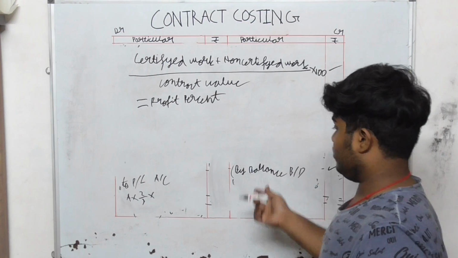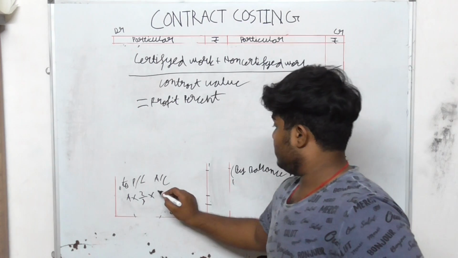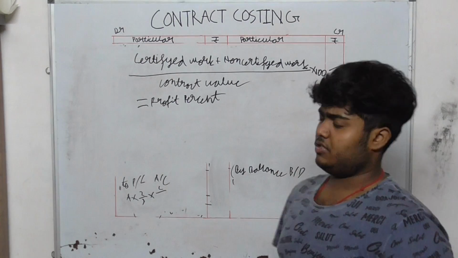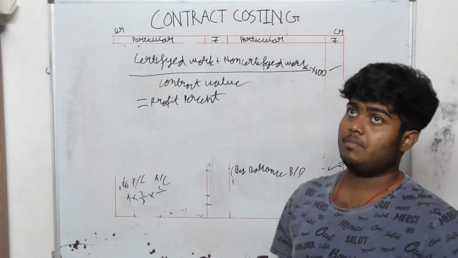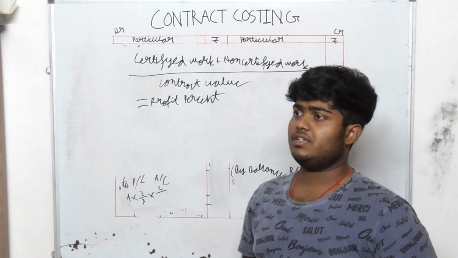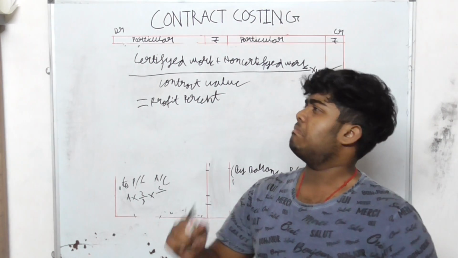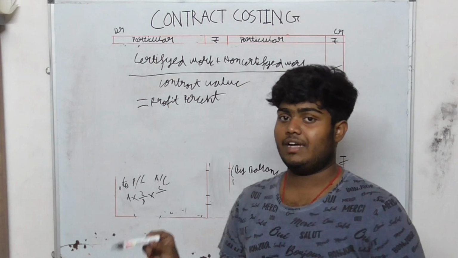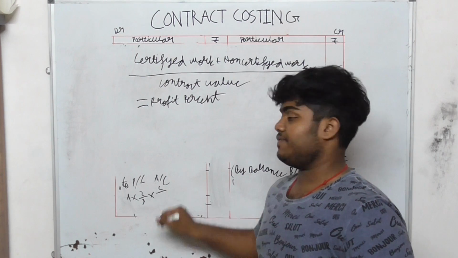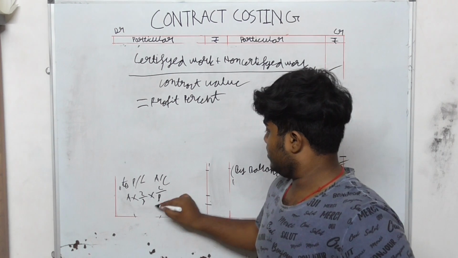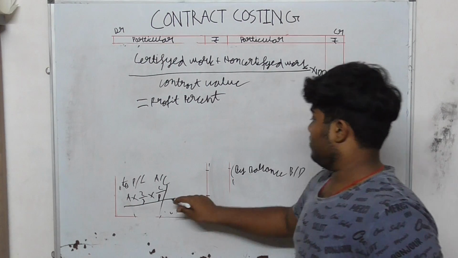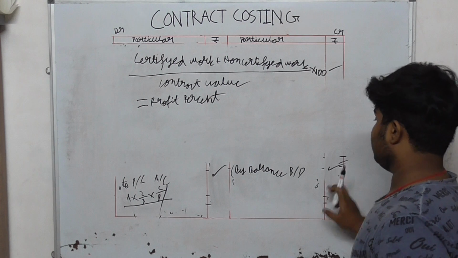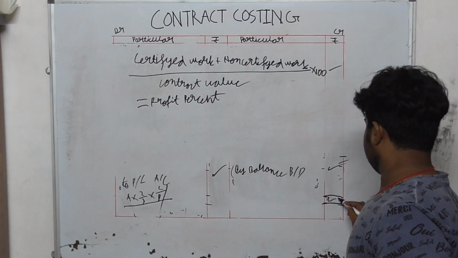Actually, the total work completed is the certified work here, C, and the non-certified work, minus the non-certified work amount. Okay, and then the certified work, assume P. So this is the main profit amount here. Okay, and this is also lesser than this, so you have to calculate this.